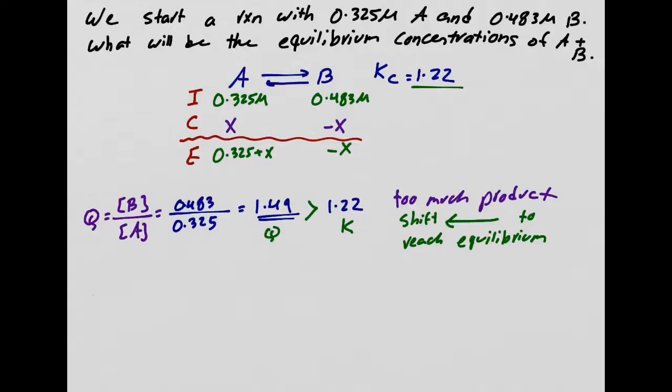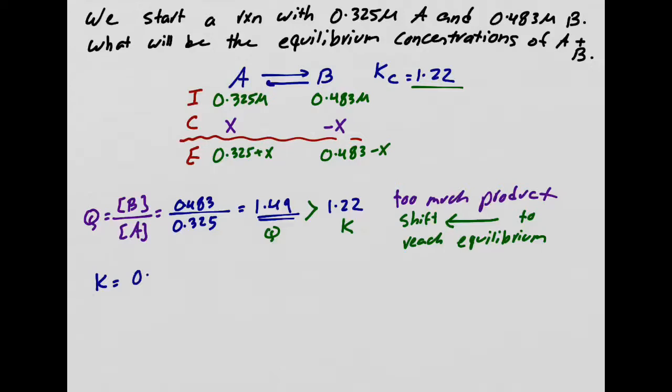So now we have our ice table, and then now we're good. So we know that K is product over reactant, and K is going to be, oh boy, give me a second. 0.483 minus x. Okay, hopefully you're not confused. So it's going to be product over reactant.